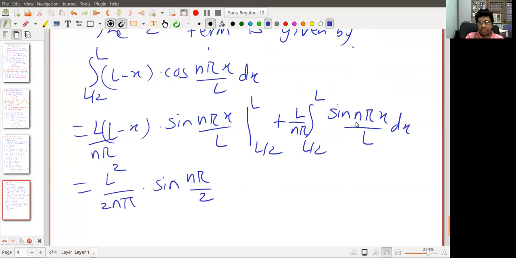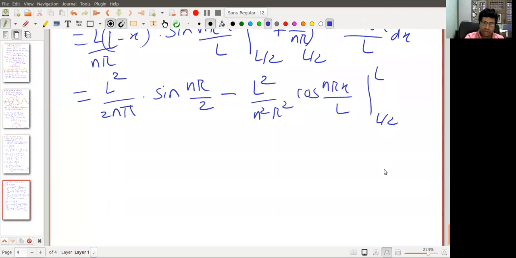Then the second term, integral of sine, it is minus cos, so minus L square upon n square pi square cos n pi x by L. Limits are L by 2 to L. So we get this as L square upon 2 n pi sine n pi by 2 minus no limit.